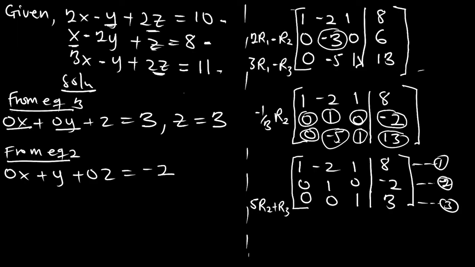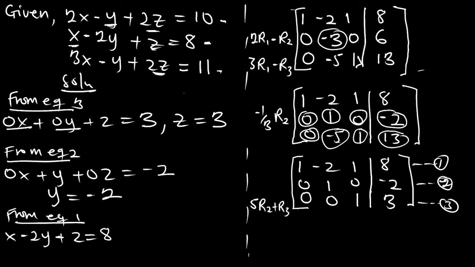So since everything is 0, meaning our y is going to give us what? Negative 2. Now from the first row, which is our equation 1, we can write it as x minus 2y plus z equal to 8.